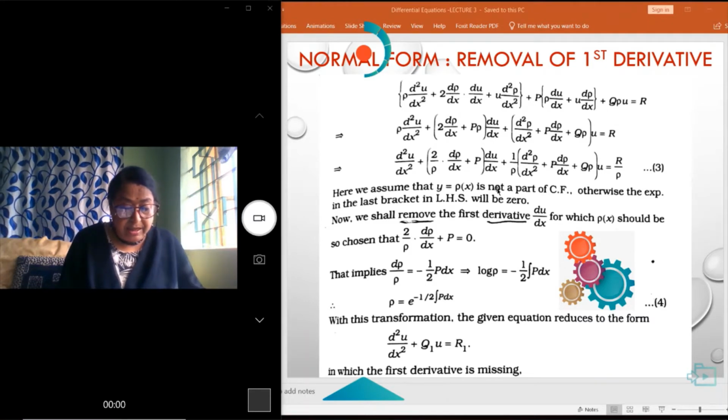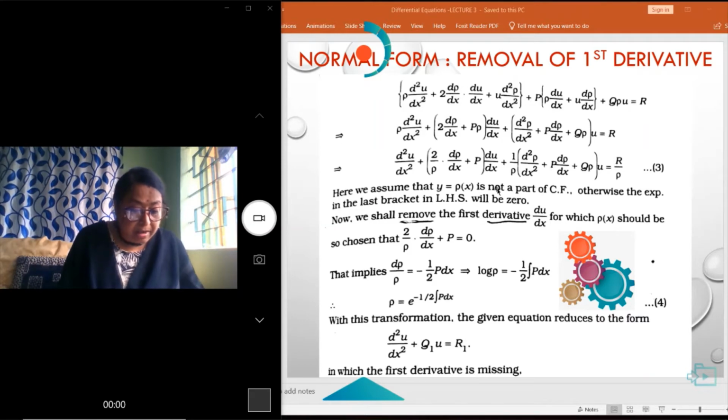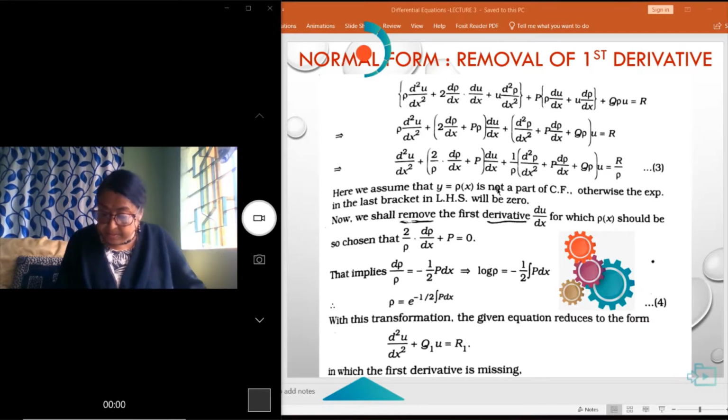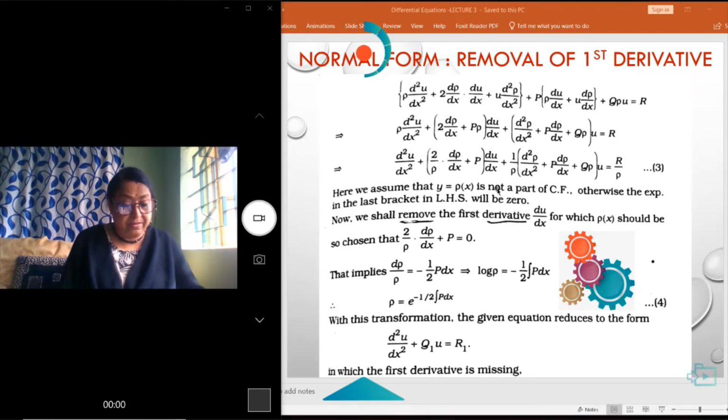Here we can see d2u/dx² is the second derivative, du/dx is the first derivative, and another term is a constant. So we will remove the first derivative, that is du/dx. We put the coefficient of du/dx equal to 0.